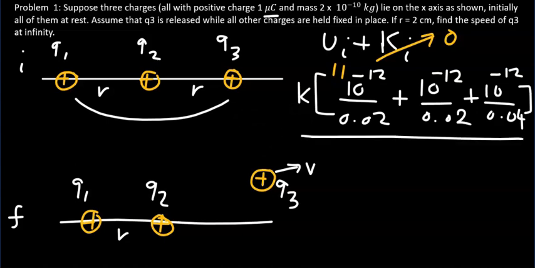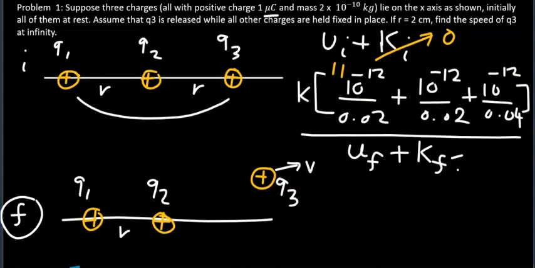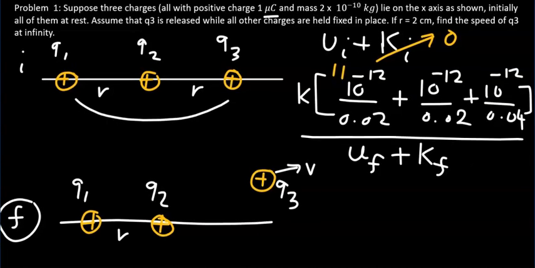Now let's look at the final state. The final state, the total mechanical energy, is the final electric potential energy of the system plus the final kinetic energy of the system. The final kinetic energy of the system is due to only Q3, because only Q3 is moving.